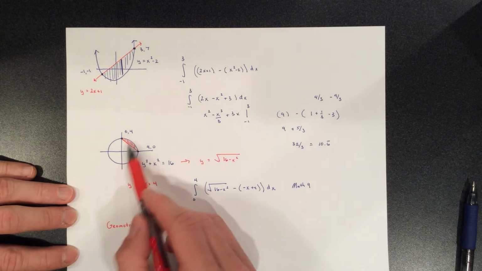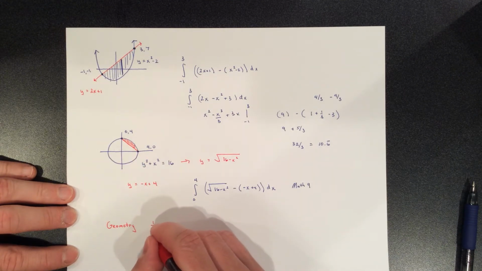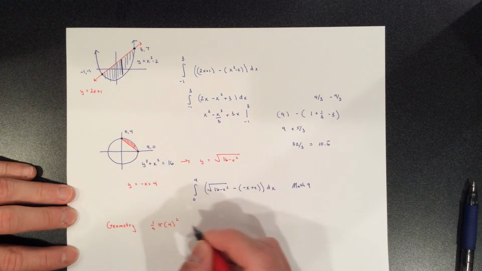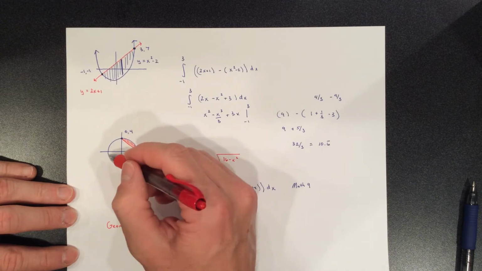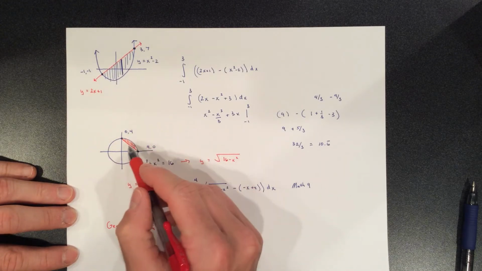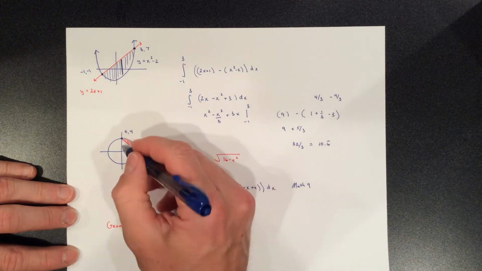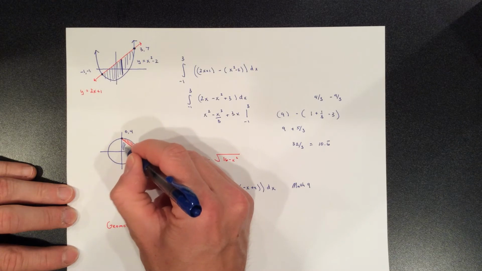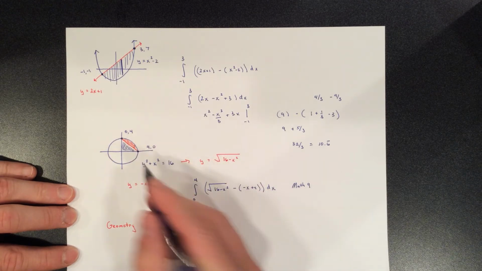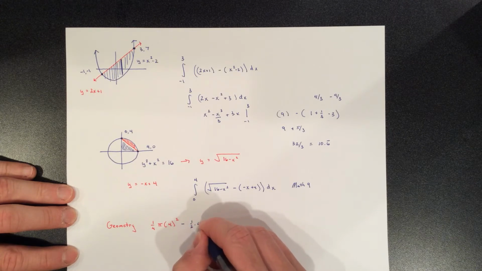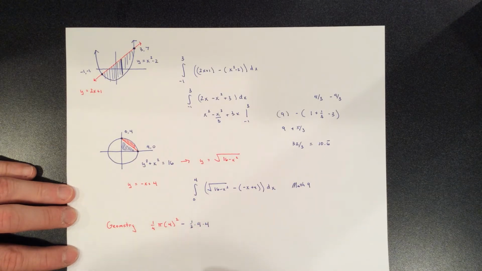Well, I can do a quarter of a circle. So a quarter of pi r squared. That would get me this whole thing. All of that. I only want that. But I could take the quarter circle and subtract that triangle. Well, that triangle is easy. Subtract 1/2 base times height.